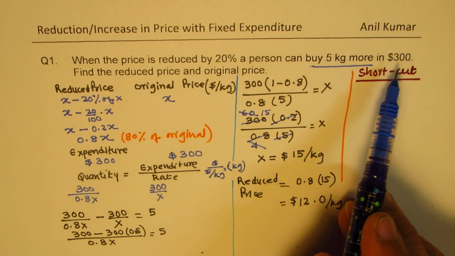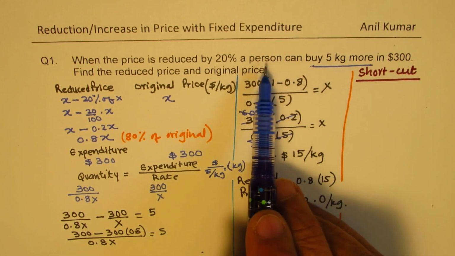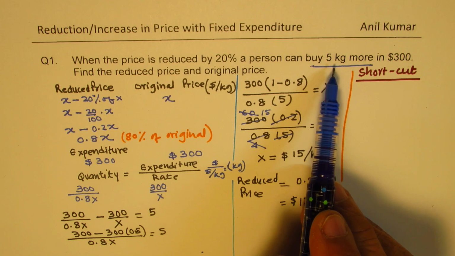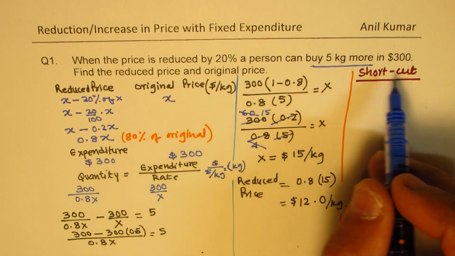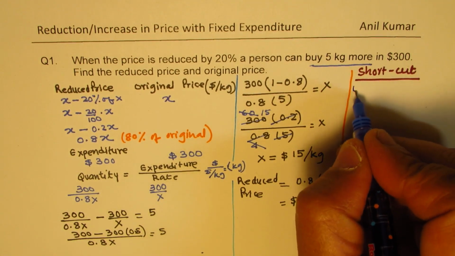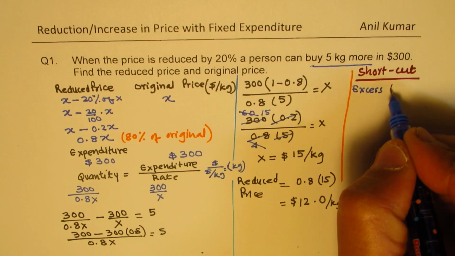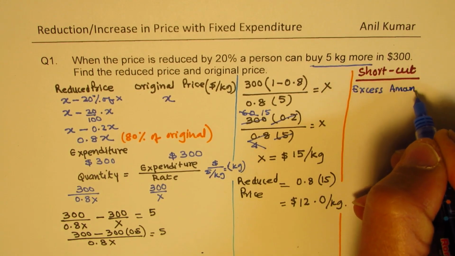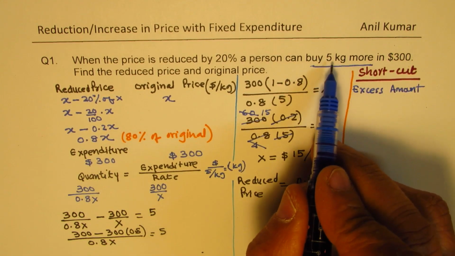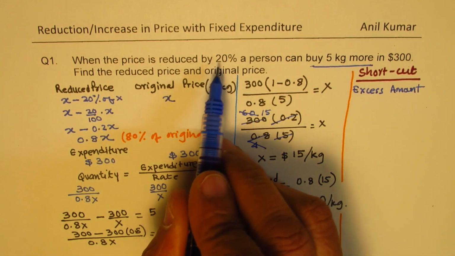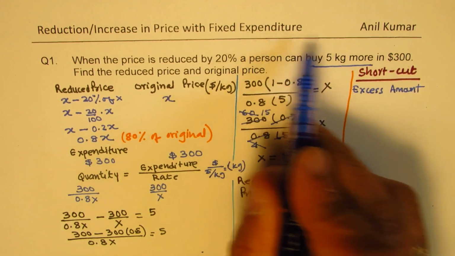So basically, the purchasing power has increased, right? Since the price was reduced, we have some excess amount to buy 5 kg. Do you see that? So how much is that excess amount? 20% of the amount which we are using as an expenditure.